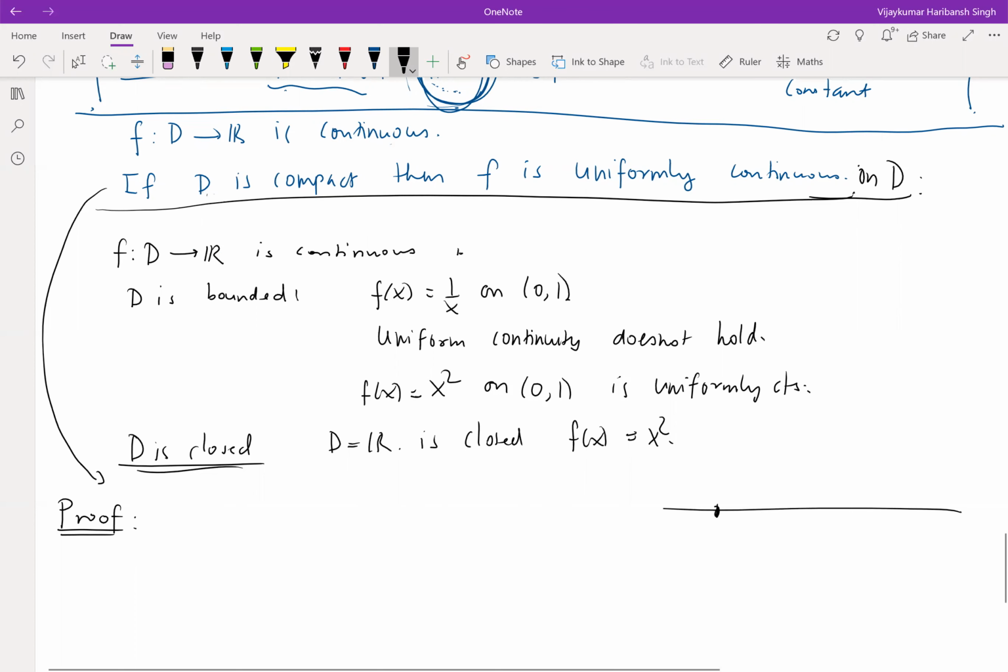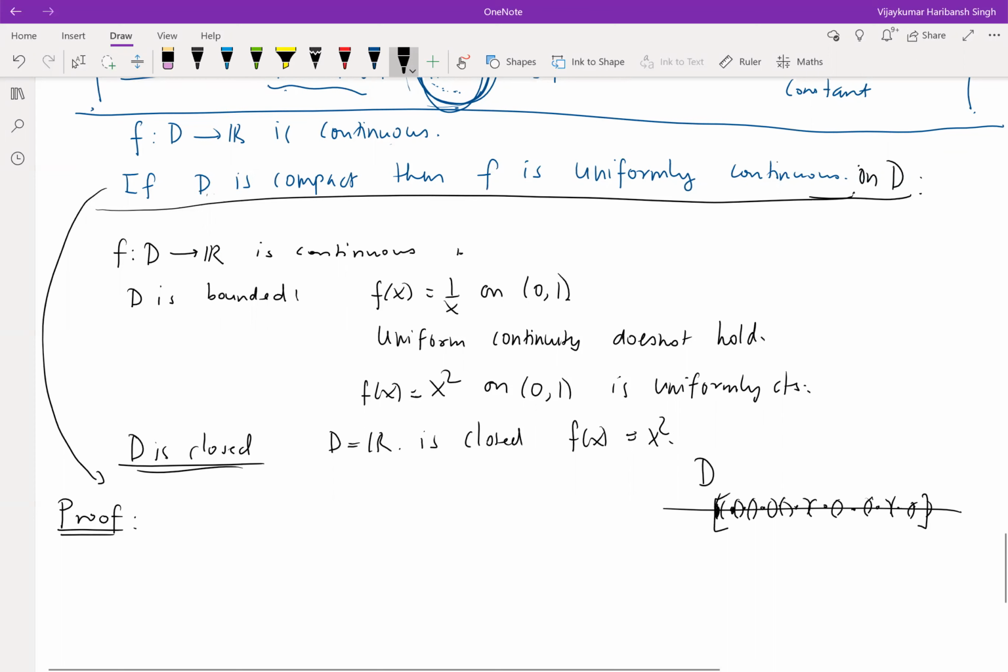Suppose this is your domain D. The function is continuous, so the behavior will be all right in some open interval like that. In some open interval, it's going to behave as if it's uniformly continuous on those intervals. And then you argue that there are finitely many which cover this D, and from there you can carry the uniform continuity over. Okay, so that is the idea behind this.